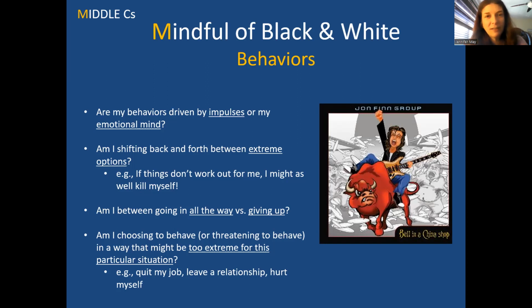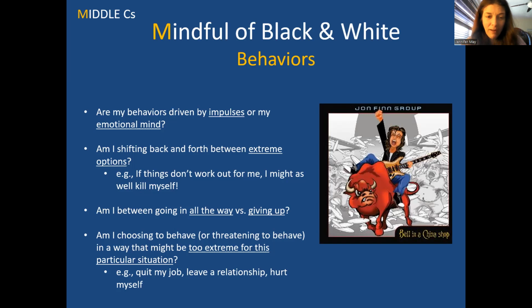I'm going to work on this project to the end and complete it and make it perfect, or I'm just going to forget about this whole thing. Next, am I choosing to behave or threatening to behave in a way that might be too extreme for this particular situation? There's a time and place for everything, but maybe this isn't the right time and place for something extreme.